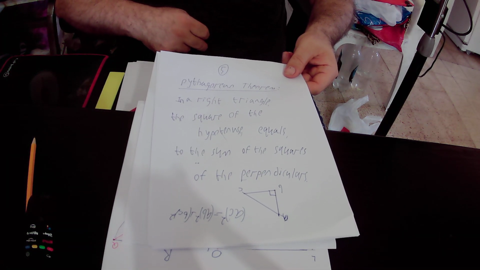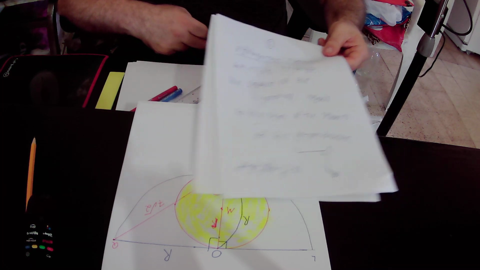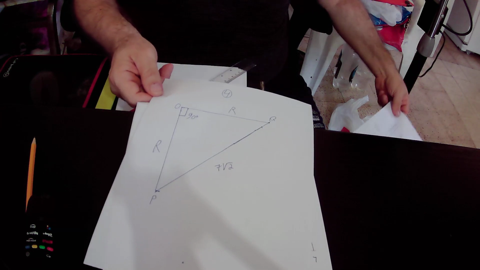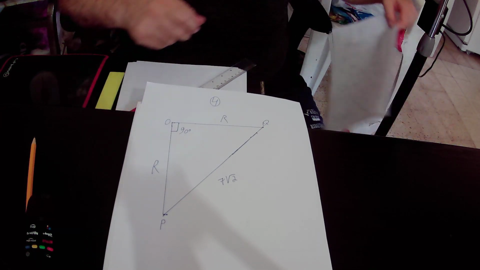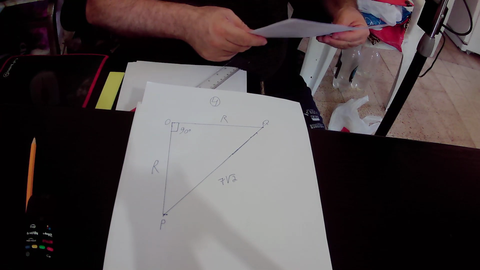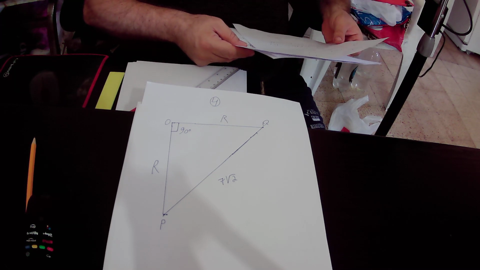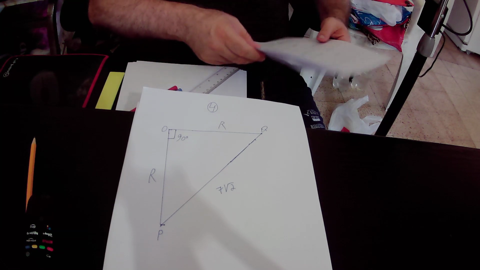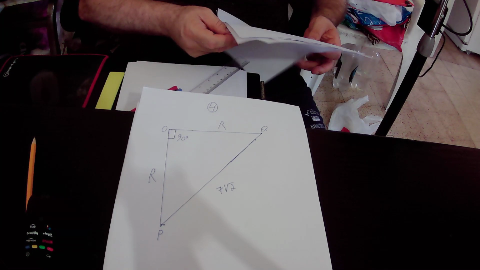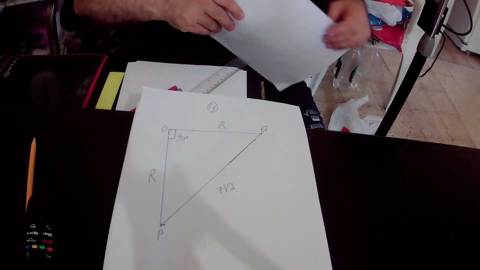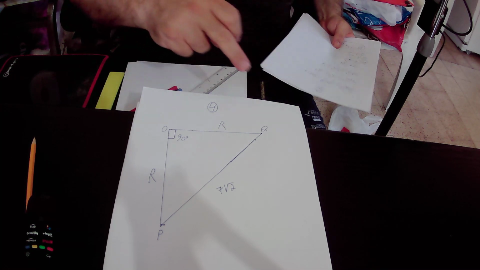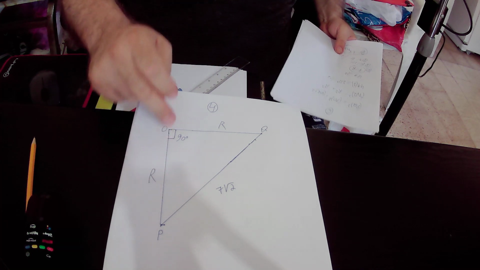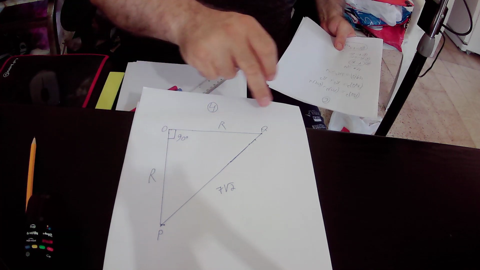We can apply it in our right triangle OPQ: PQ squared equals PO squared plus OQ squared.